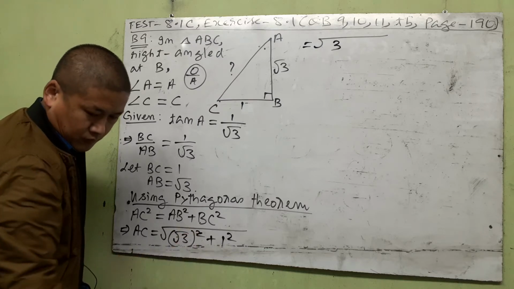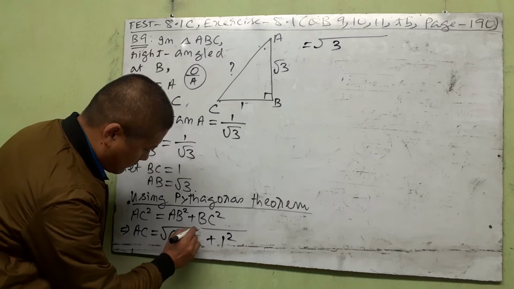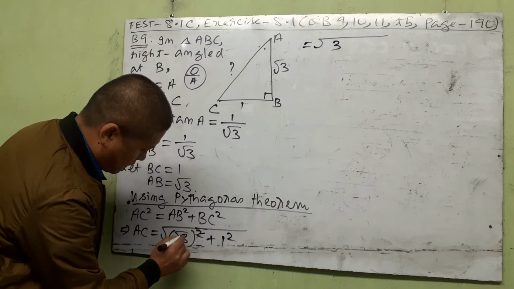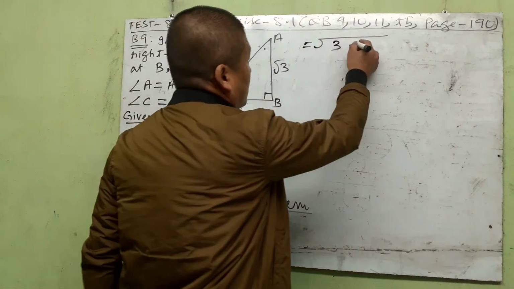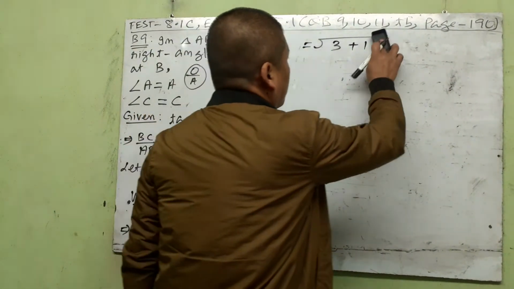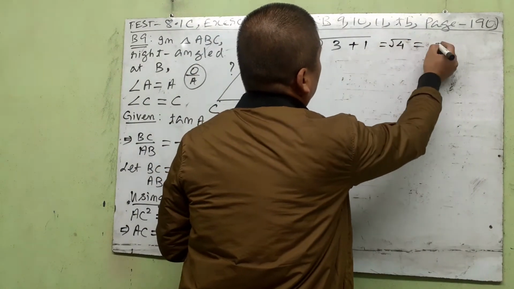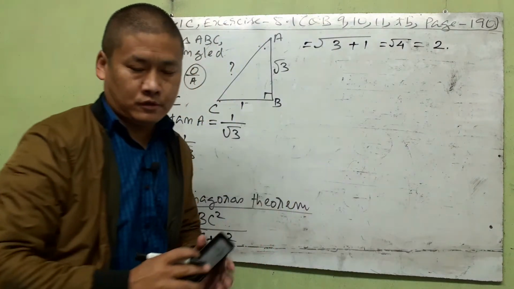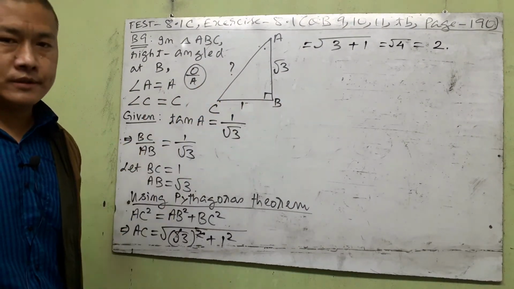You don't need to show, but if you want to show, then you can show like this. Square power and this root. No more root. Plus 1 square. 1 ones are 1. So that will be equal to root over 4, and 2 2s are 4, so 2. No more root. So this value AC is 2, AB is root 3, and all the three sides of the triangle are known.